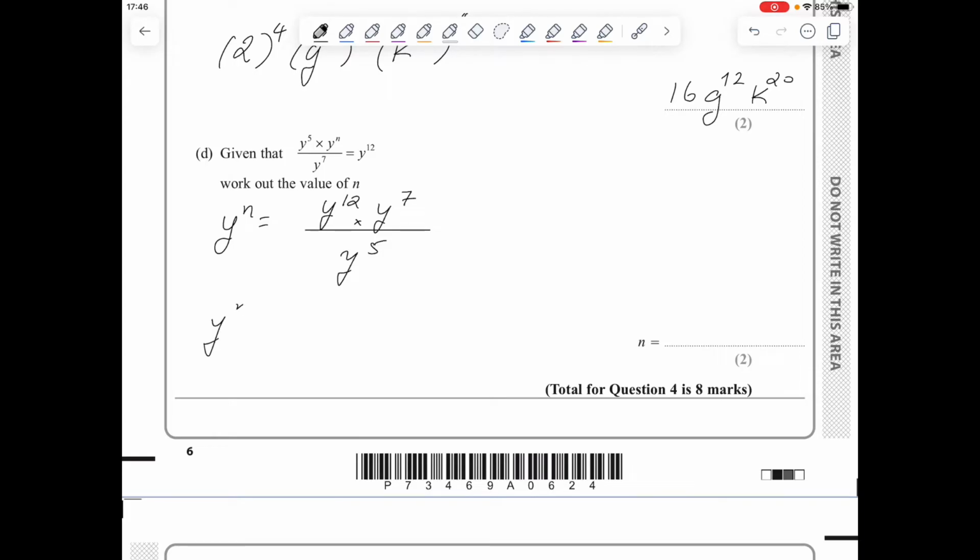Now on the right hand side, I've got multiplication and division. For the multiplication, I add the powers, and then for the division, I subtract. So if I continue here, y to the n gives me y to the power of 14. Therefore, n is just 14.